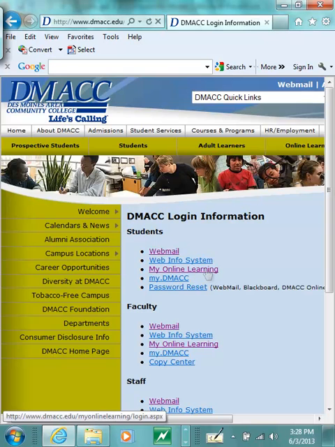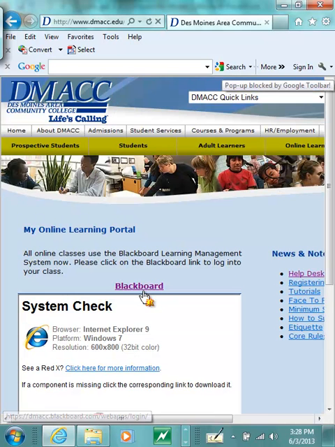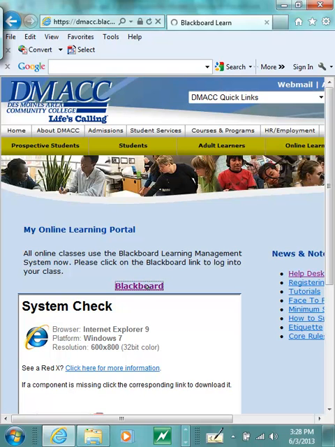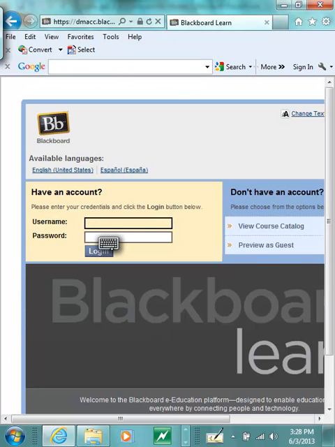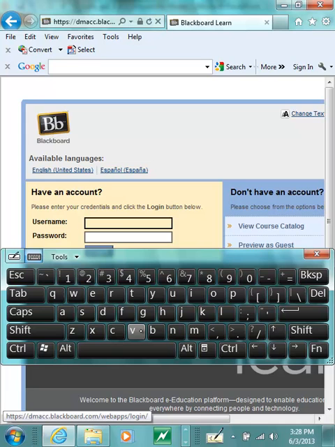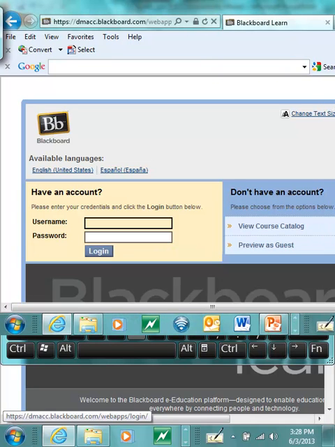Let's launch into Blackboard here. Okay, here we go. So let me get out of tablet mode and go into essentially PC mode here. Oops. I'm going to log into Blackboard.